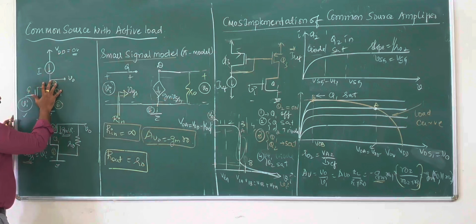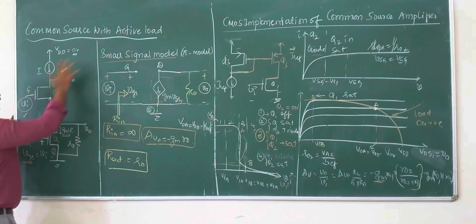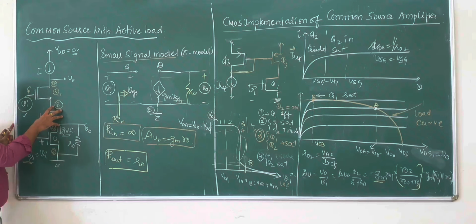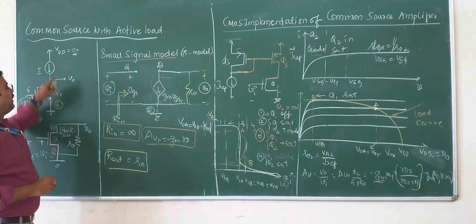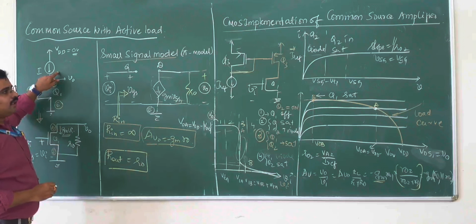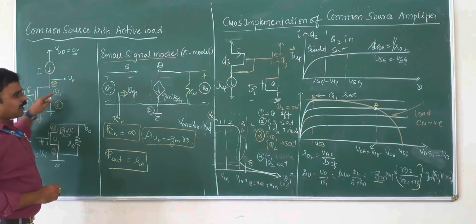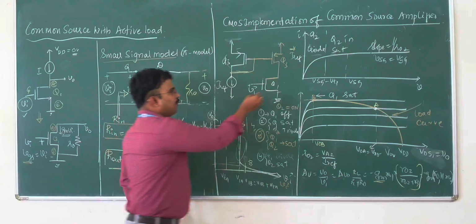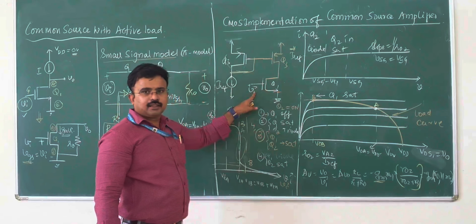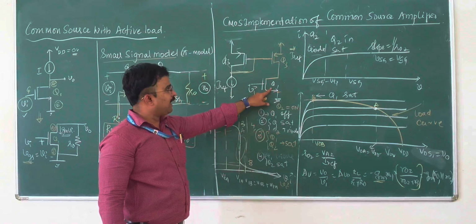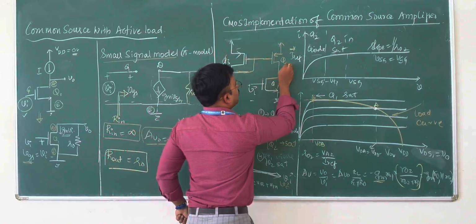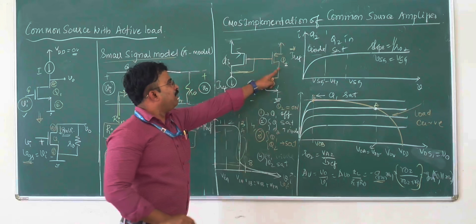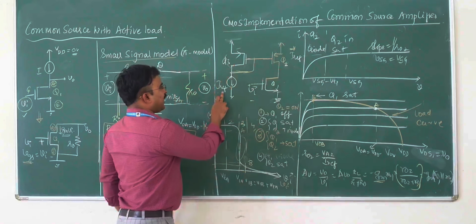Now, this circuit is implemented in CMOS technology. The current source I is implemented using CMOS technology. The Q1 transistor is retained, which is an NMOS transistor. And Q3 and Q2 transistors form a PMOS mirror pair, and this is the I reference.